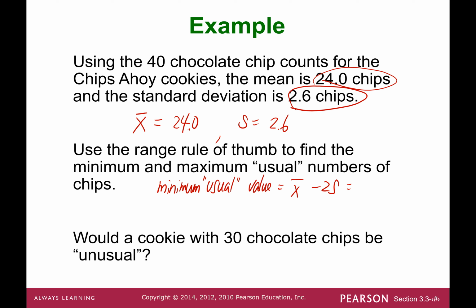So 24.0 minus 2 times 2.6. That's going to be 24.0 minus 5.2, and this is 18.8.